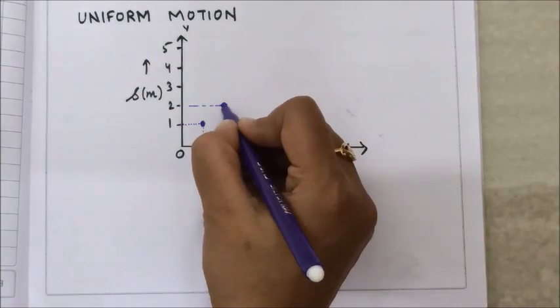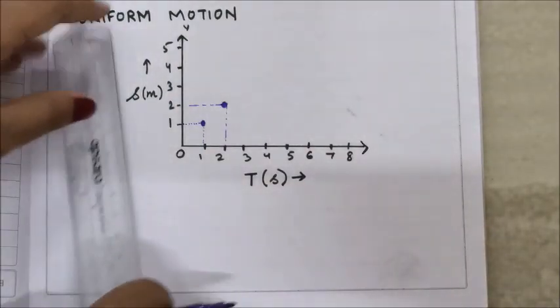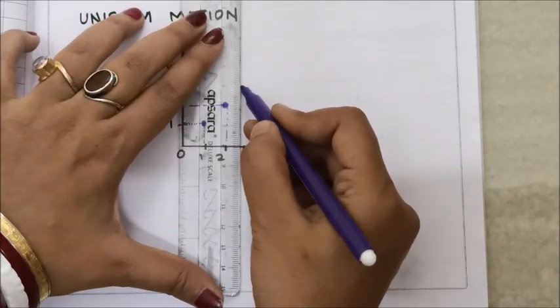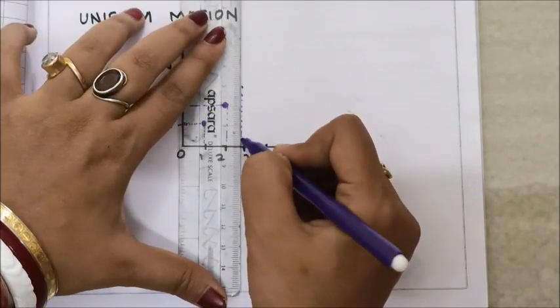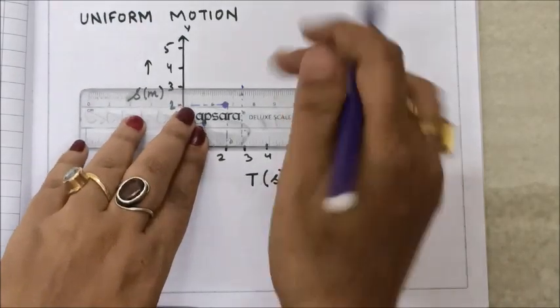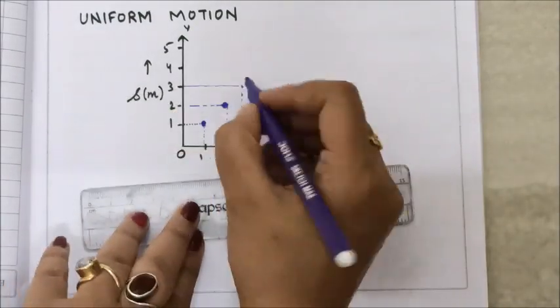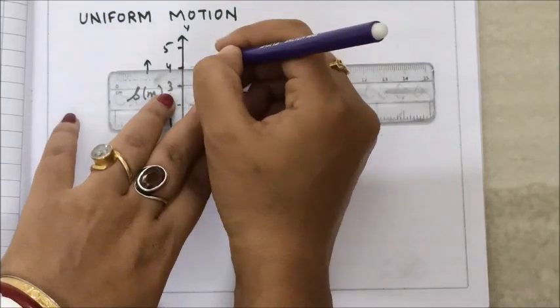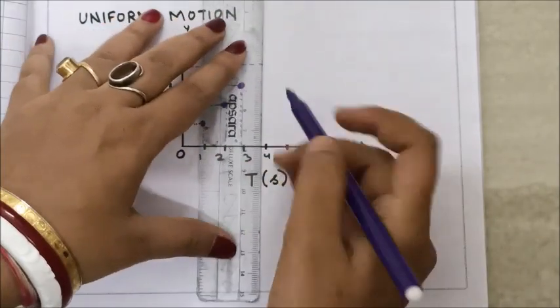So here I get the position of my object. In the third second again, the object is covering 3 meters. So I get the point here. And I'll plot it like this for 4 meters in 4 seconds.